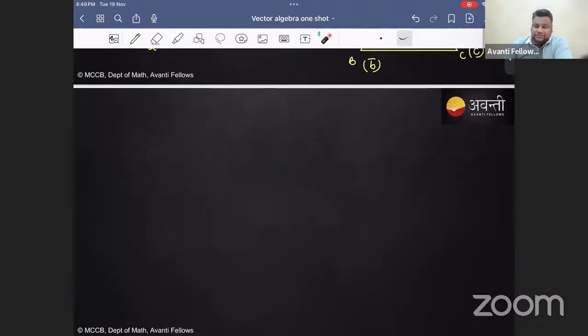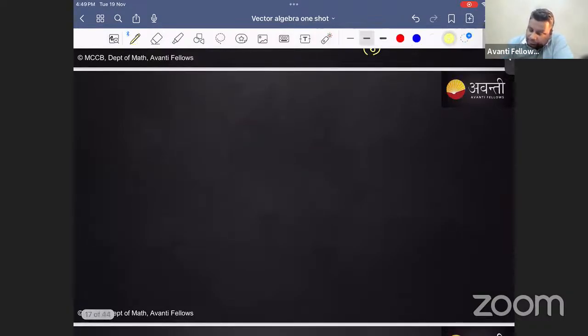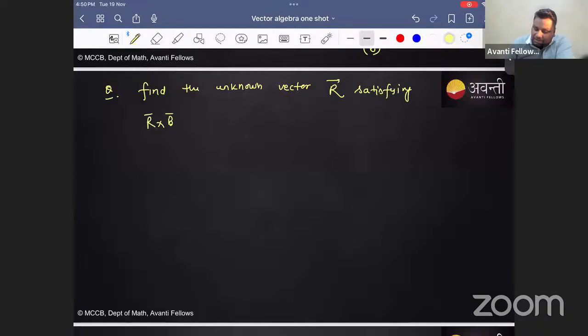Now, write down a simple question. Find the unknown vector R satisfying R cross B is C cross B and R dot A is 0.